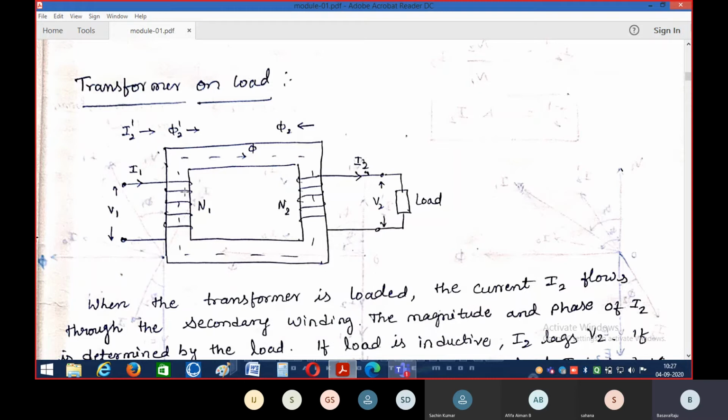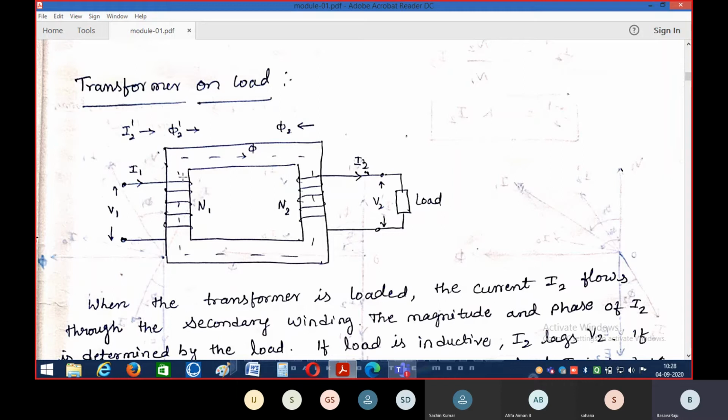Now, whenever you apply an input voltage V1 to the transformer primary winding, it results in current flowing through the primary winding, and that primary winding current is denoted with I1. This I1 represents the amount of current flowing through the primary winding.